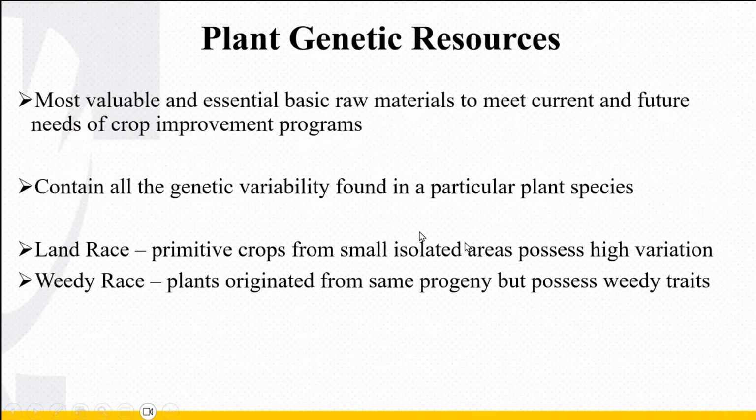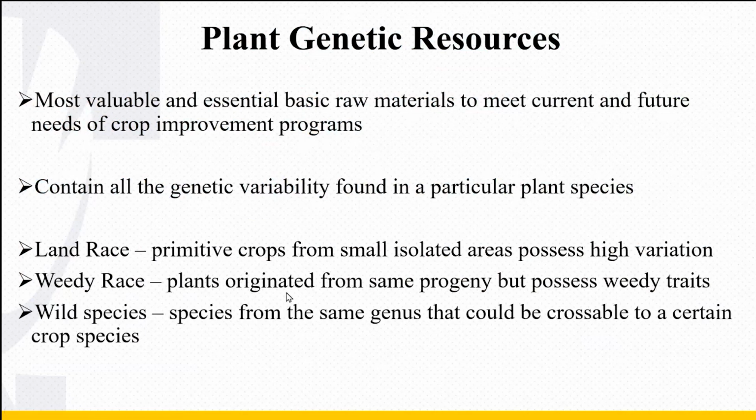So we have a land race, a weedy race, and then finally we have these wild species. And so there are some things that we can cross with certain crop species. This is what we do if we have bred out most of this genetic variation and we can't get any more improvement on a plant.